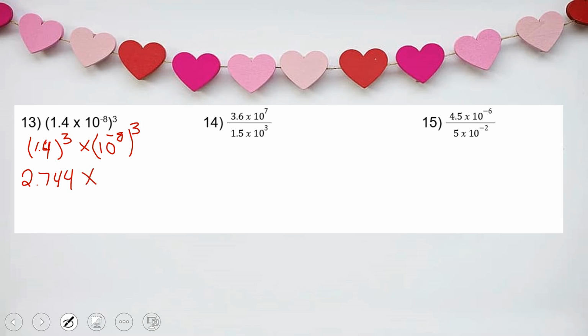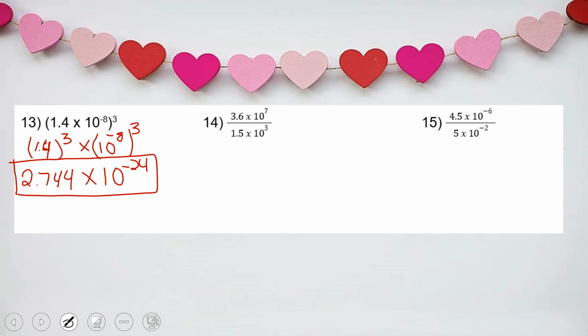And then use your laws of exponents to recognize 10 to the negative 8th to the third becomes 10 to the negative 24th. And this one's pretty nice because we do not have to make adjustments. A is in between 1 and 10, and you're already base 10, so you're good to go there.